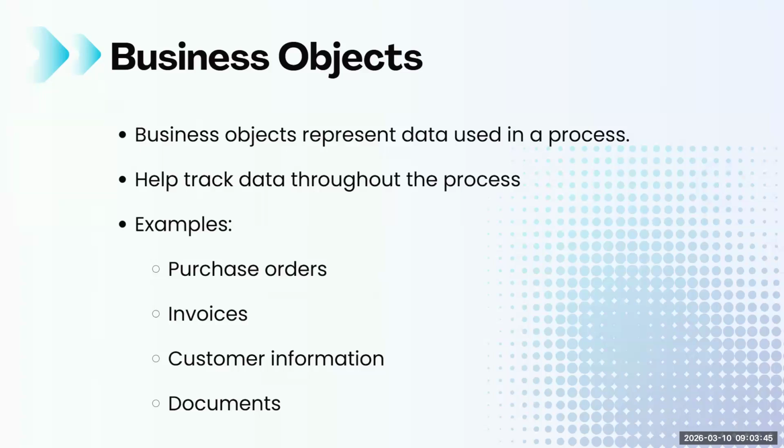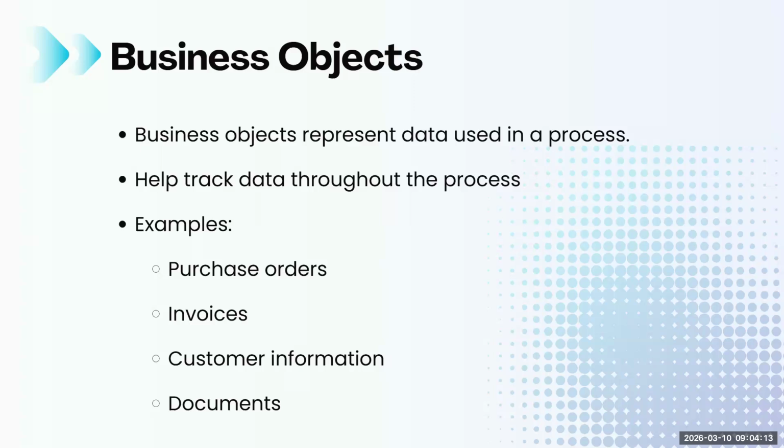Business objects. Business objects represent the data or information used within a business process. These objects help track information as the process progresses from one step to another. Examples of business objects include purchase orders, invoices, customer records, and documents.